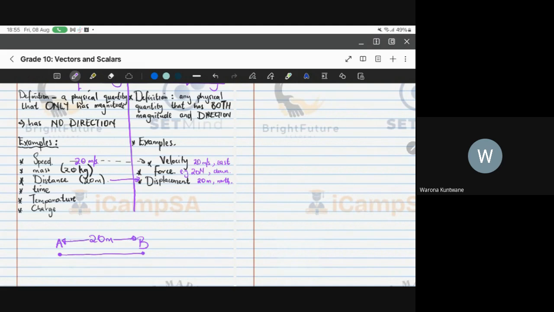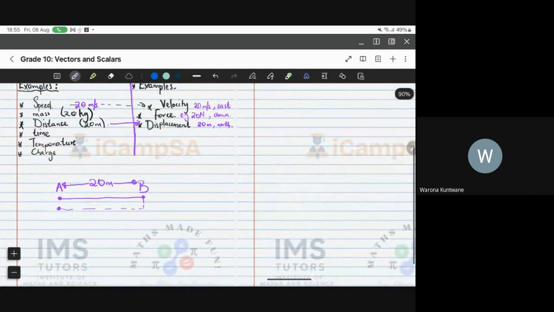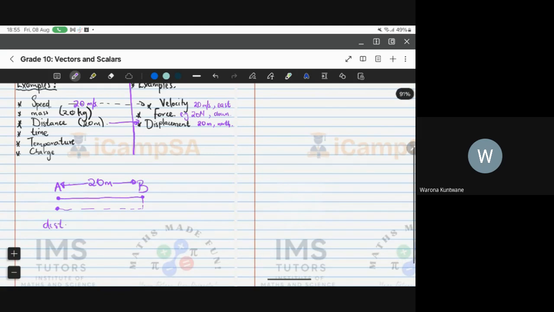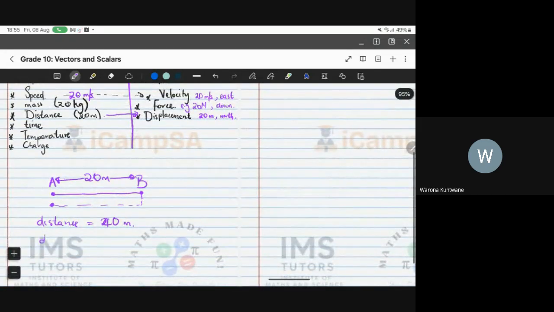And then let's say after moving from point A to point B, you then again go back to point A. Now, one would ask you, what's the distance that you covered during this whole trip? You started from A, you went to B, and from B, you came back to A again. So that means 20 meters going, 20 meters coming back. So that is a distance of 40 meters because it's 20 meters going and 20 meters coming back. Now, let me show you how displacement is different.